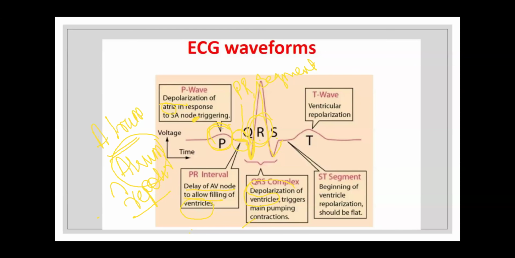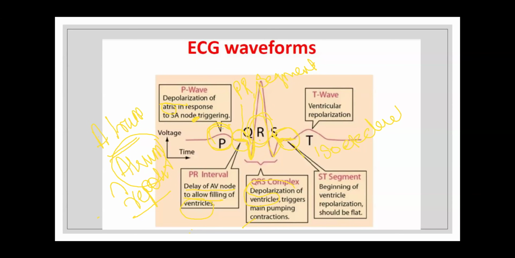Then after the ventricular depolarization, you can say contraction occurs, and the ST segment appears. This ST segment is the segment which is isoelectric. Isoelectric means there is no current going on. No means no, not the sodium or the potassium.